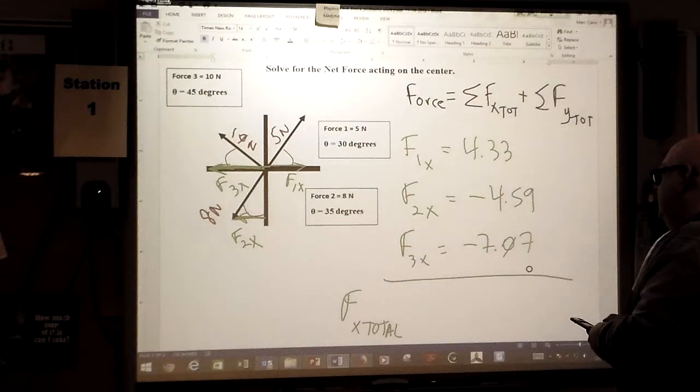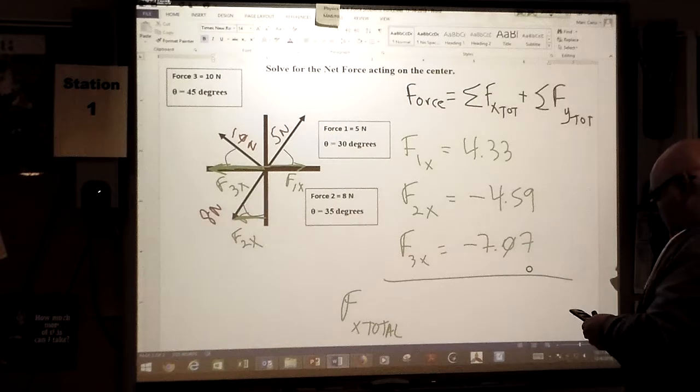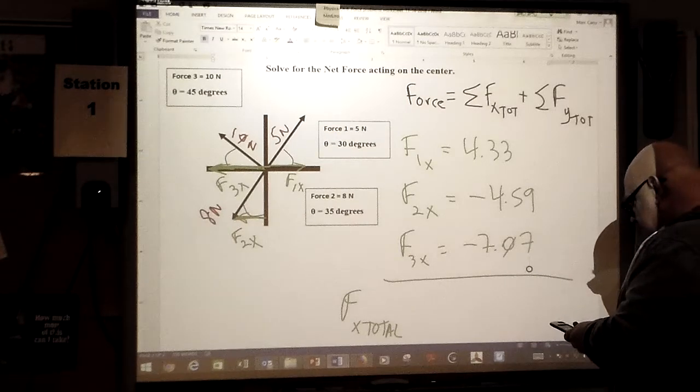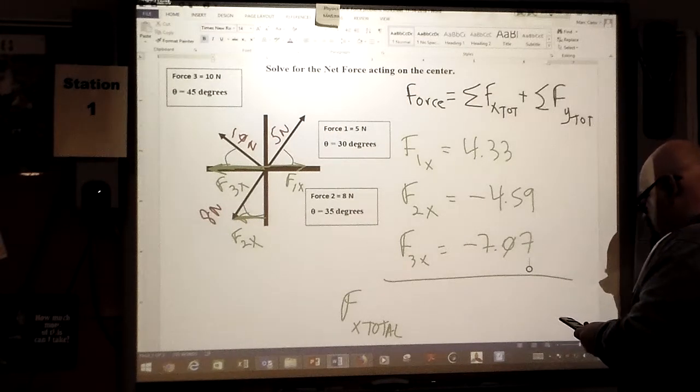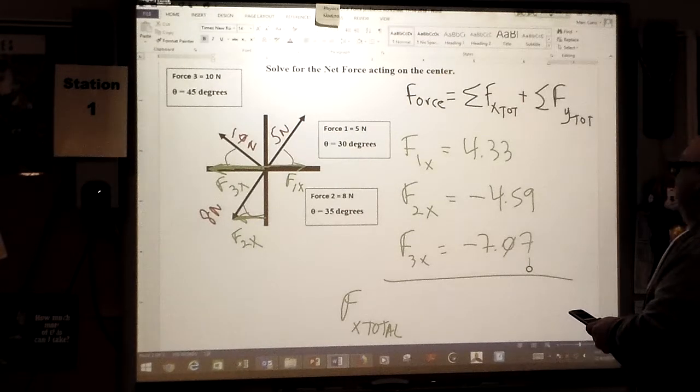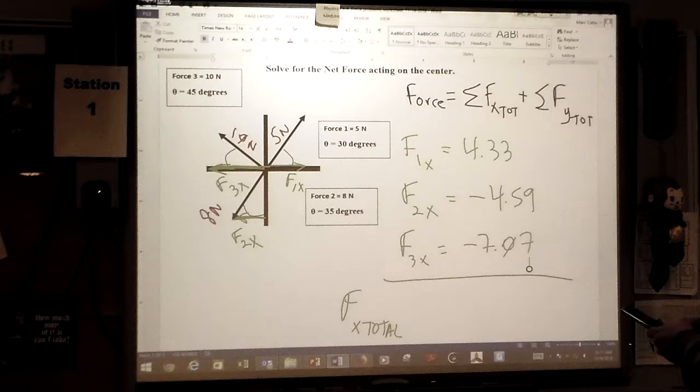Okay, with that, ladies and gentlemen, let's see. Negative 7.07 plus negative 4.59 plus 4.33 equals.